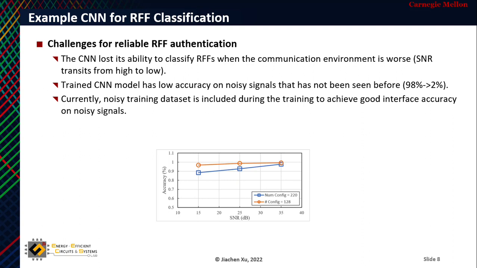Currently, the way we handle this is we also include some datasets that are collected within the noisy environment in training to improve the overall system accuracy. But it would be more desirable if a model trained within one environment would be able to classify the signals from the other environment.